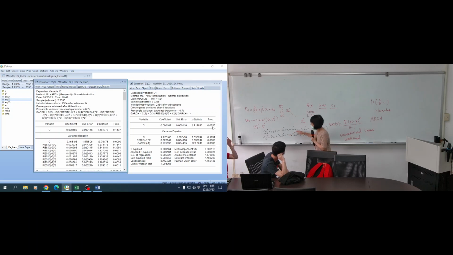The lag model is using the lag of x, right?